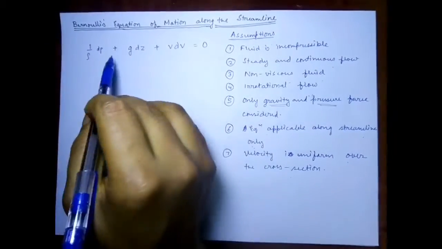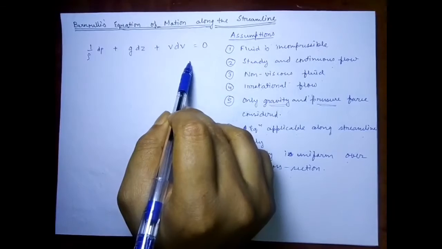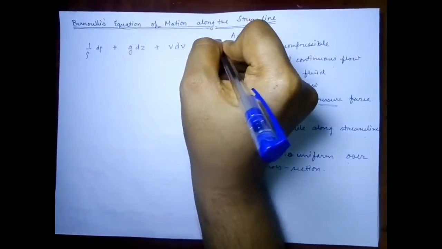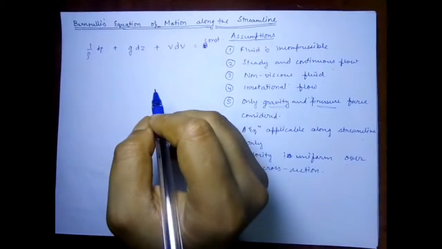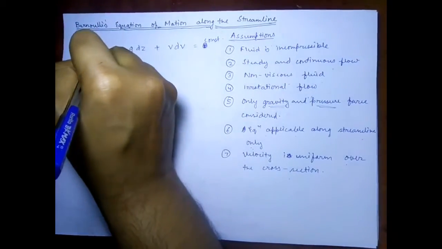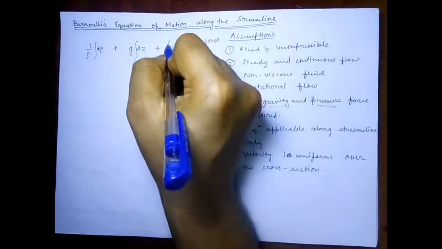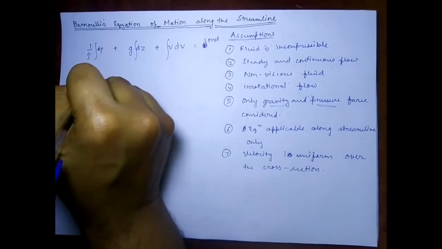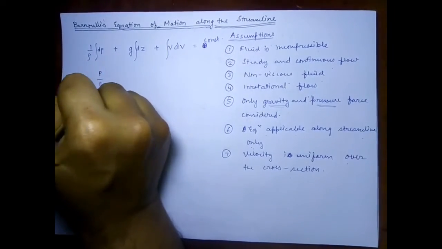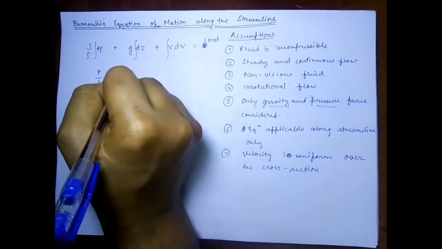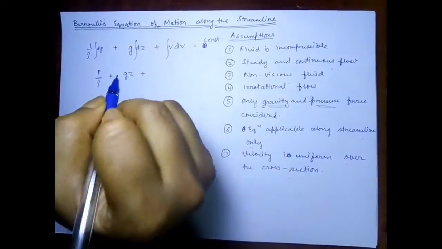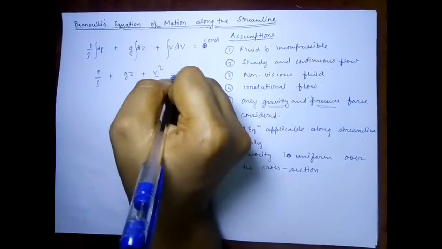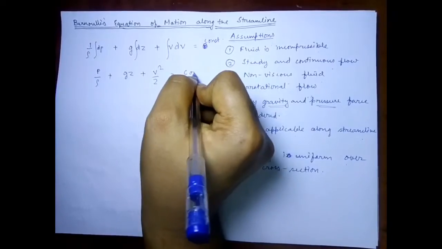So here we have the Euler's equation of motion, and suppose this is equal to some constant, and now we will integrate it, and on integrating I'll get p upon rho plus gz plus v square upon 2, and that is equal to some constant.